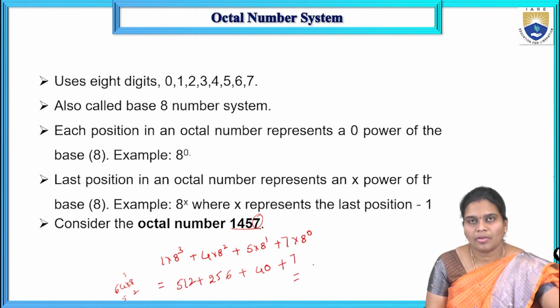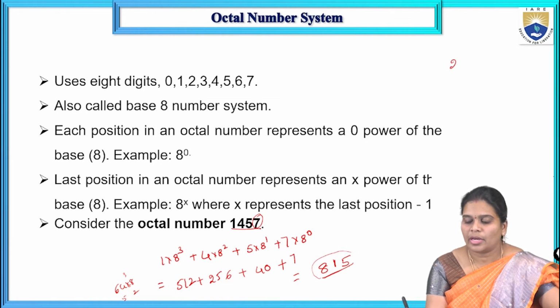Now adding these values: 512 plus 256 plus 40 plus 7, which gives 815. This is for the integer value of the octal number system.